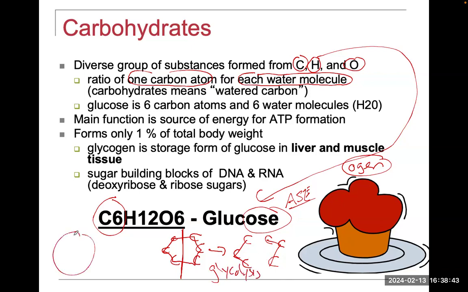And if this is a cell, there's the nucleus, and let's say here's a mitochondria, and everything around here is the cytosol, the cytoplasm with the organelles. This step of glycolysis takes place here in the cytoplasm or the cytosol.